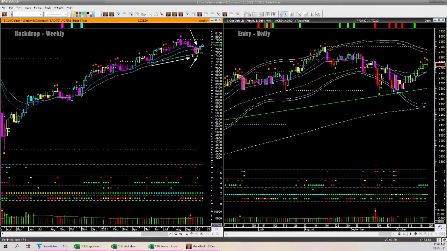The more you observe these color changes, the more you will be ready to take the trades in a more timely manner.